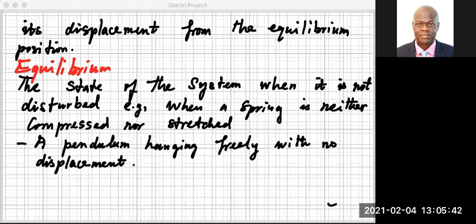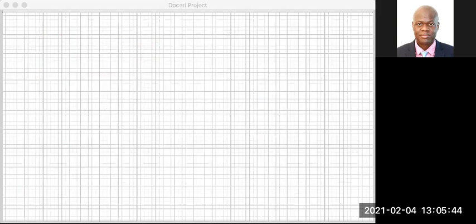Okay, so let's continue with the definition of the terms. Another key term is displacement. So what is a displacement in this case?